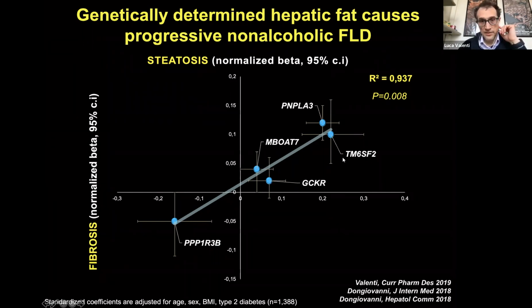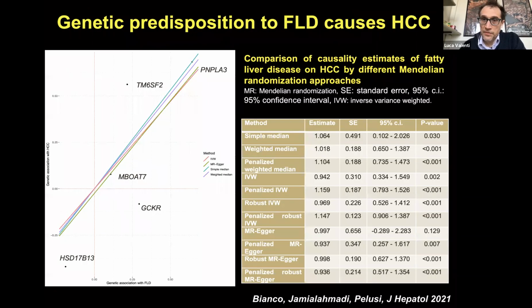You can see here a nice linear correlation, which is very consistent, suggesting that the main mechanism by which these genetic risk variants lead to progressive liver disease is by determining a quantitative and qualitative alteration of hepatic fat, so that hepatic fat accumulation is not an innocent bystander in the pathogenesis of fatty liver disease, but plays a causal role in determining progressive liver disease.